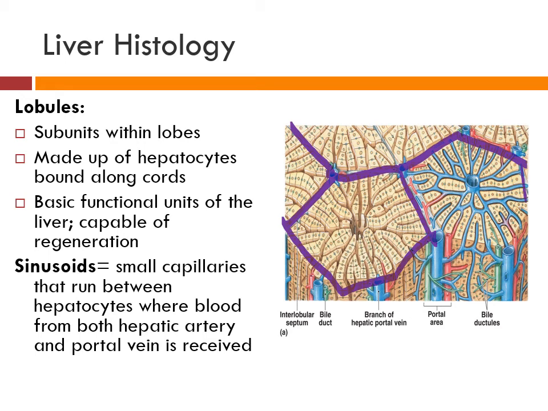The sinusoids are capillaries that run between the hepatocytes, and they are receiving blood from the hepatic artery and the portal vein, and then that blood is getting filtered through the liver.